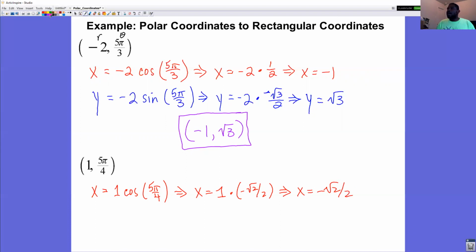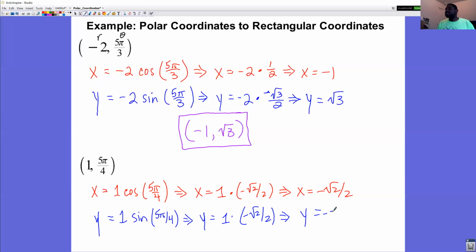And then our y coordinate will be 1 times sine of 5 pi over 4. That's y equals 1 times negative square root of 2 over 2 as well. So here we get y equals negative square root of 2 over 2. And so our rectangular coordinates for (1, 5 pi over 4) are negative square root of 2 over 2, negative square root of 2 over 2.